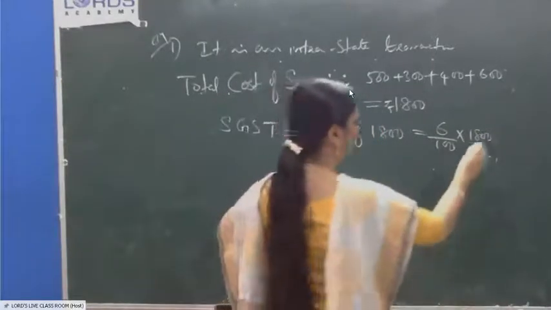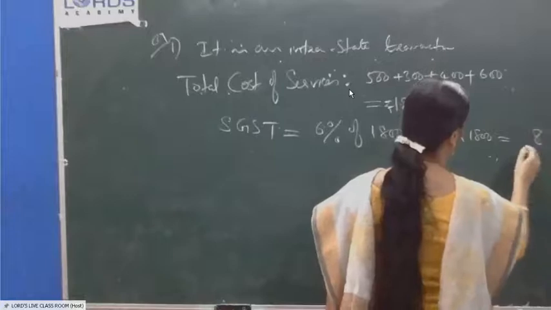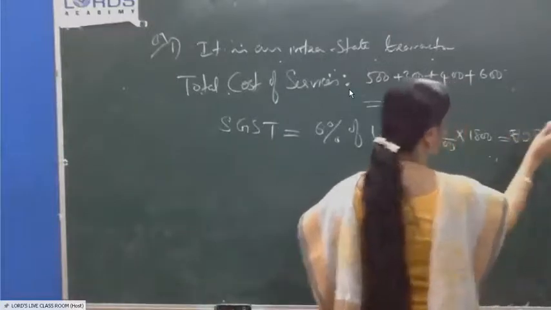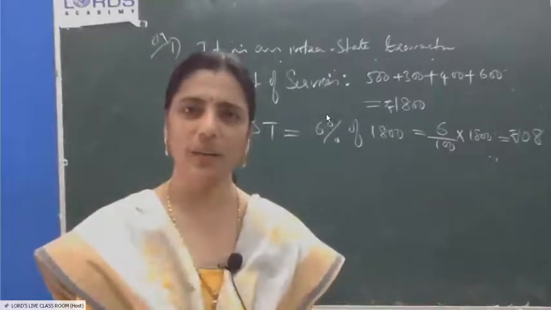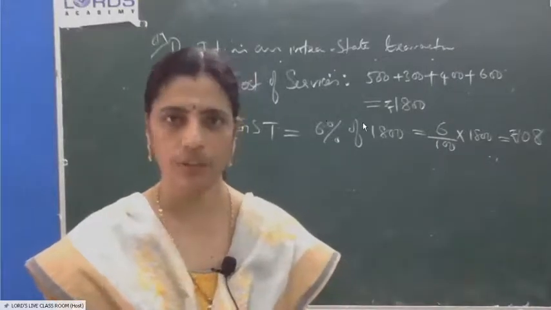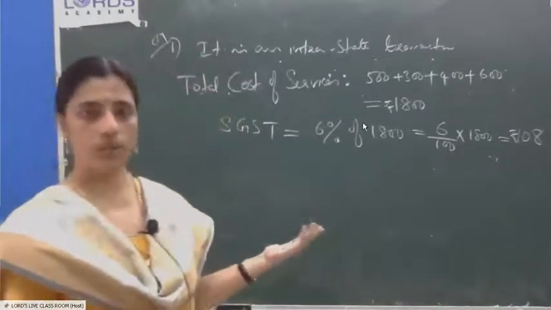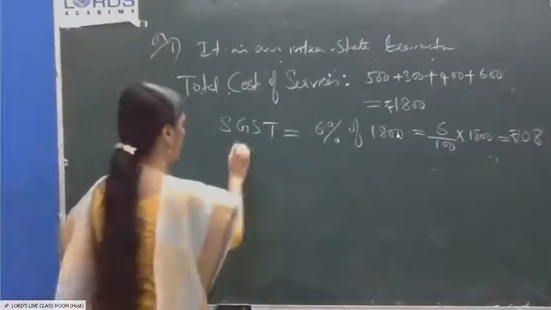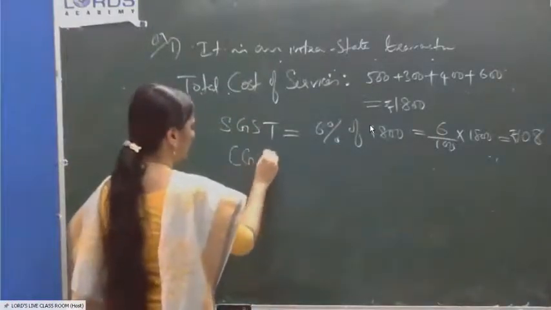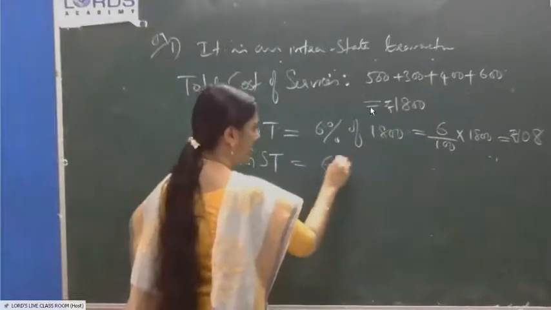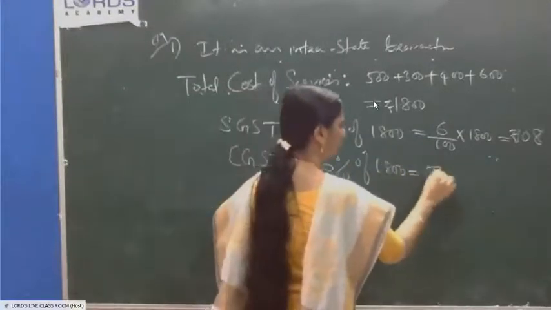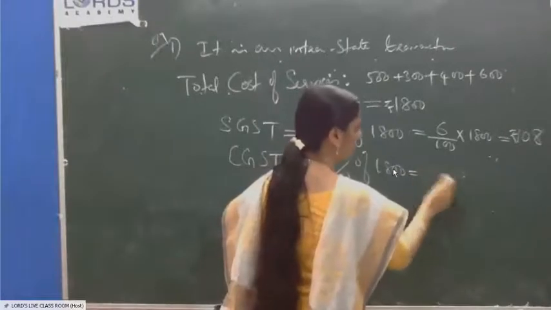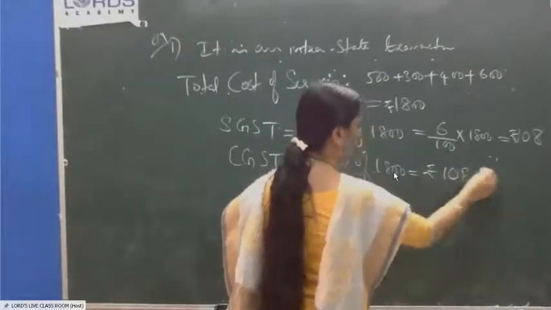Okay. Rupees 108. Now second time no need to find again. The same you are going to find, no? 6% of 1,800 is there for central also. Central GST equals again 6% of 1,800, that is, sorry, rupees 108.